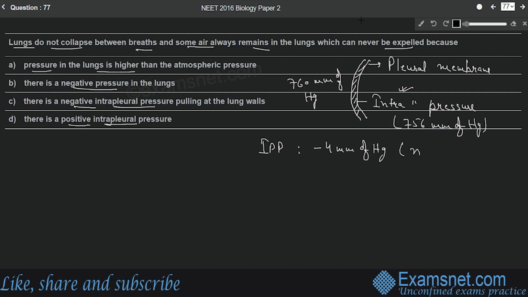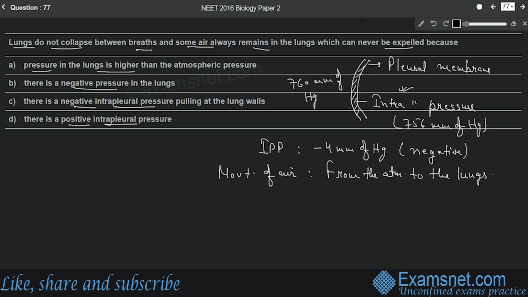So it is considered as negative pressure. And due to this negative pressure, the air will move towards the lungs. Why? Because air always moves from higher pressure to lower pressure. So movement of air will be from the atmosphere, because atmosphere has a higher pressure, towards the lungs.